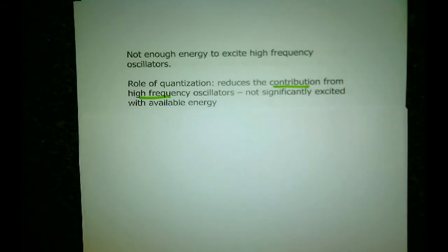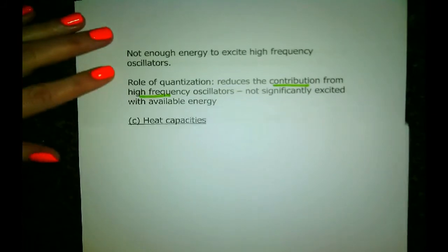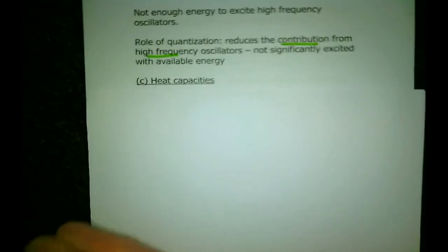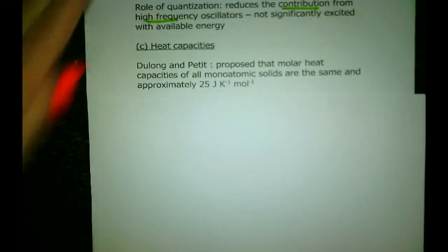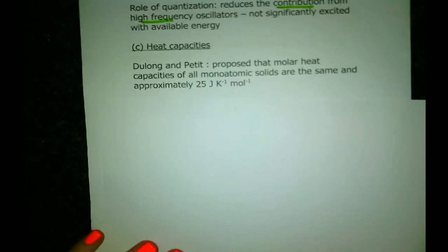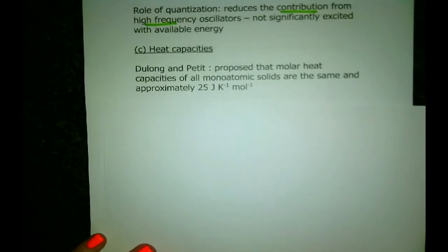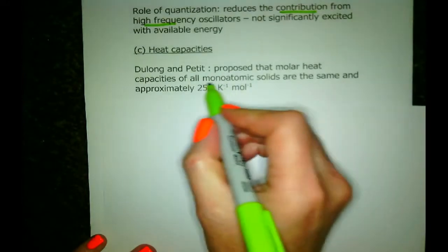Okay, then later on, there was a second experiment, or second experimental observation, that they tried to explain with classical mechanics, and that has to do with heat capacities. If you think back to your second year physical chemistry, you will remember that there were two people, Dulong and Petit, and they looked at the heat capacity of compounds, and specifically they looked at monoatomic solids.